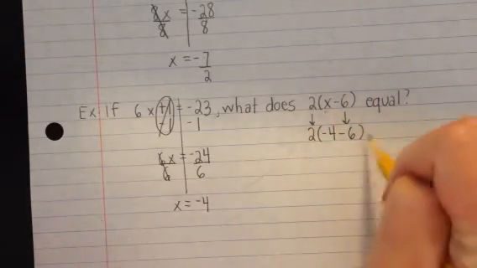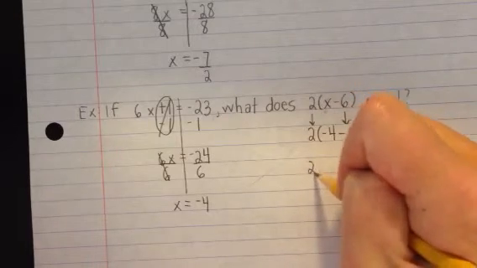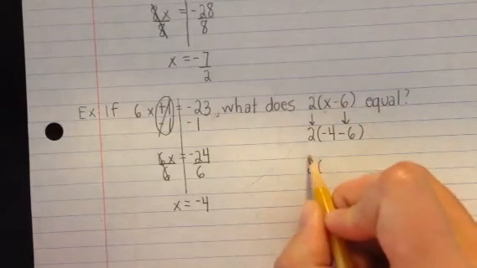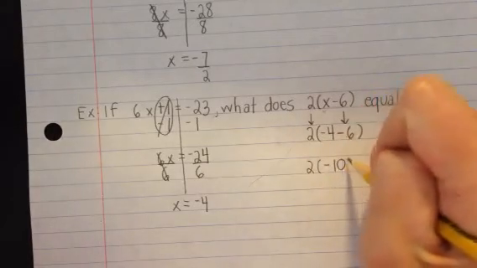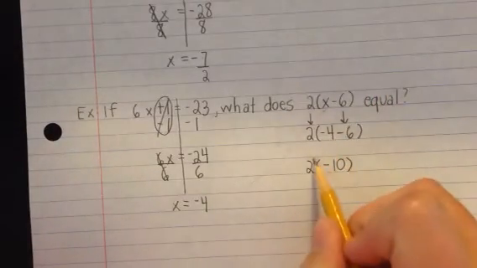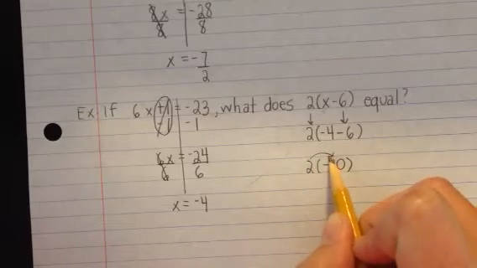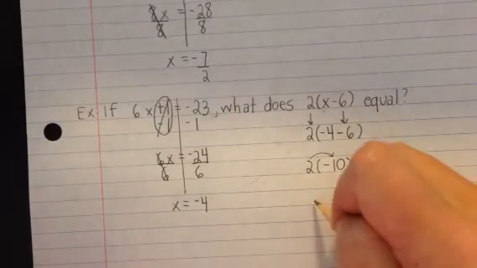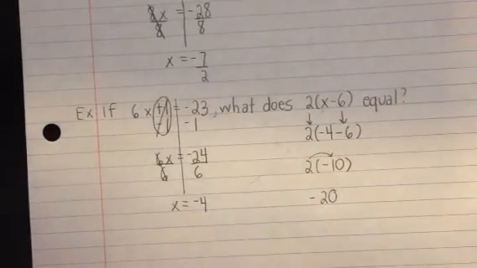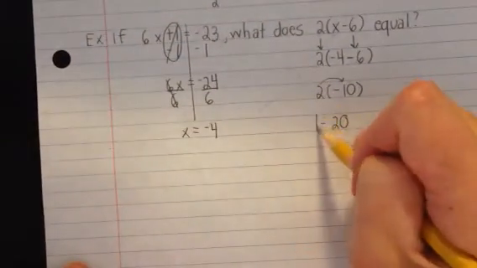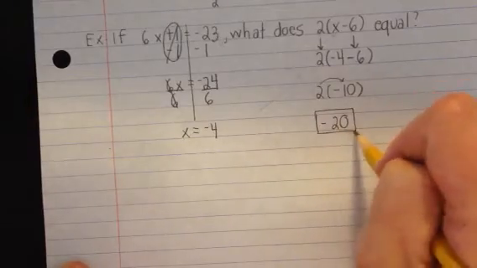So now to follow PEMDAS here, I've got to do inside the parentheses first. Just drag down that 2. Negative 4 minus 6 is negative 10. And then that, when they're right next to each other like that, in parentheses means to multiply. So 2 times negative 10 is negative 20. So that would be my final answer.